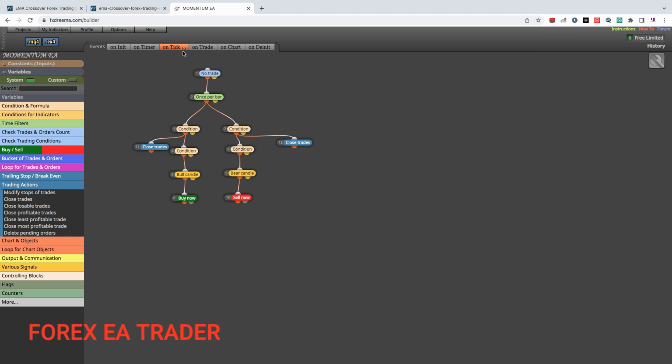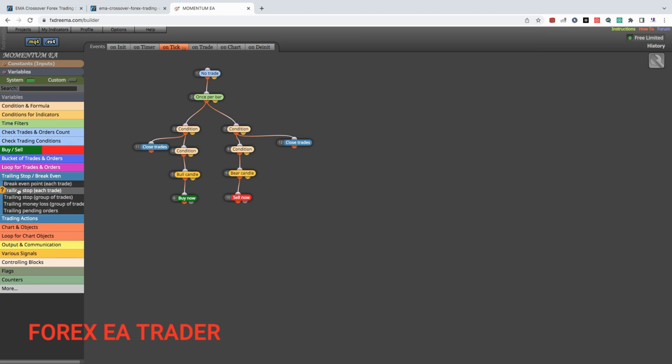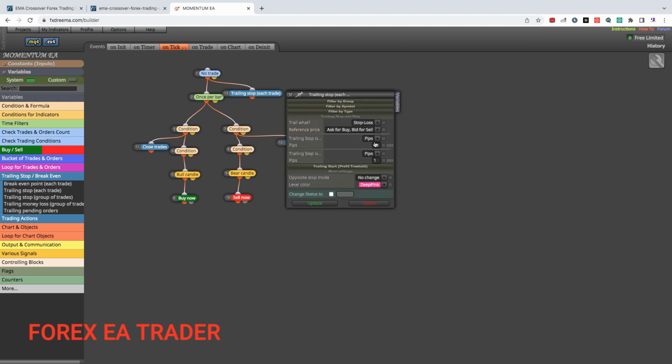Now it's up to 12 blocks, so you might omit some of these things, and hopefully you can use the trailing stop. You can set the trailing stop. Double click and go in there, and you can set by how much trailing stop you want, and then you don't need to use these ones.